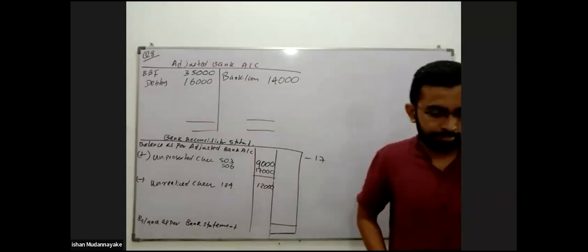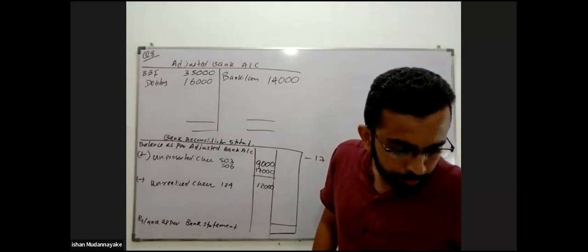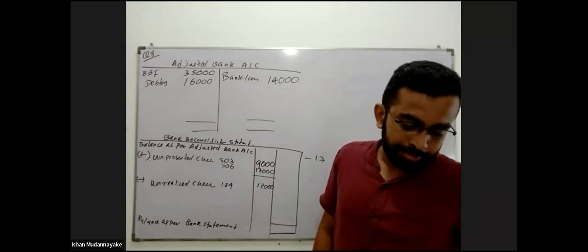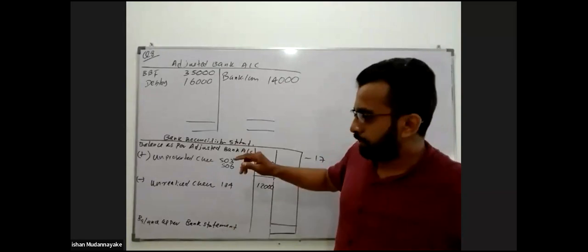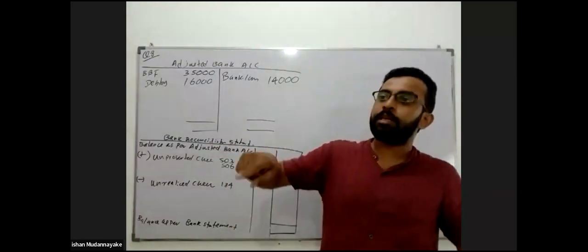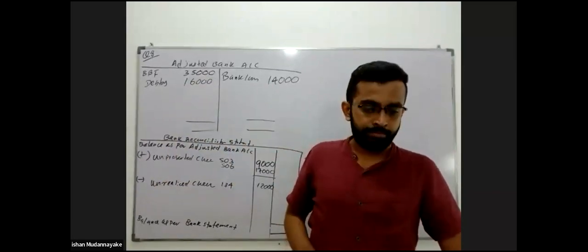When the amount available in the bank account is not available in the bank statement. If the balance available on the debit side is not available in the bank statement credit side, then that is an unrealized check.